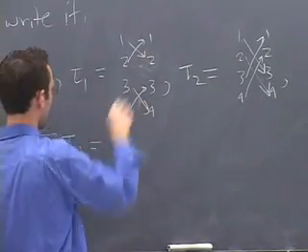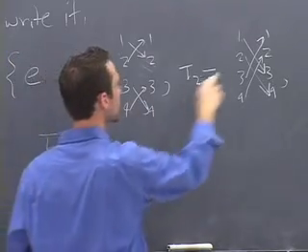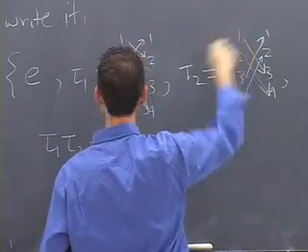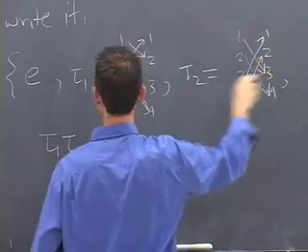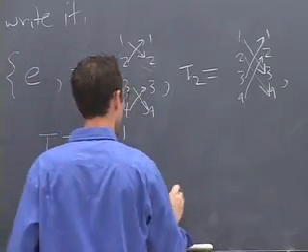And just by tracing through these things, so first I look at what tau2 does to 1, say. So tau2 takes 1 to 3, and then tau1 takes 3 to 4. So 1 goes to 4.